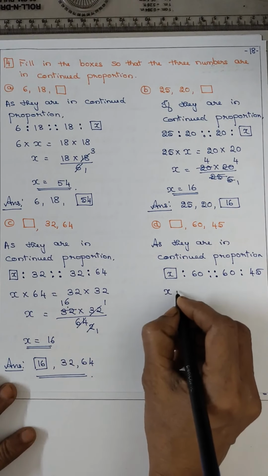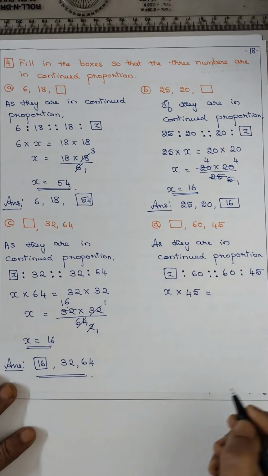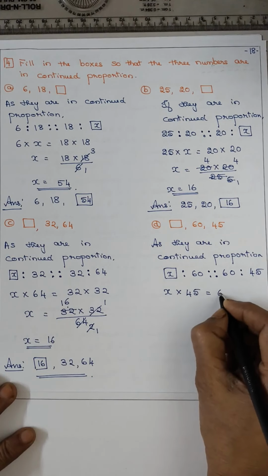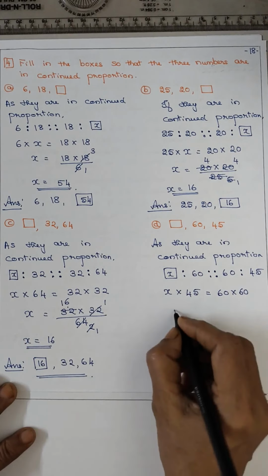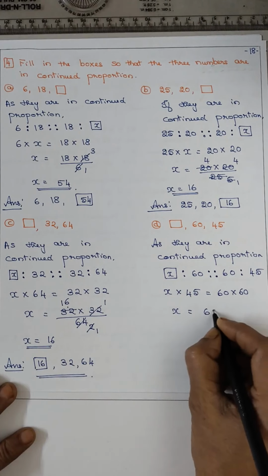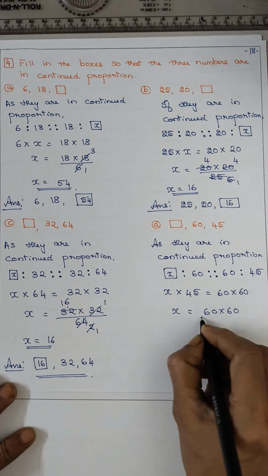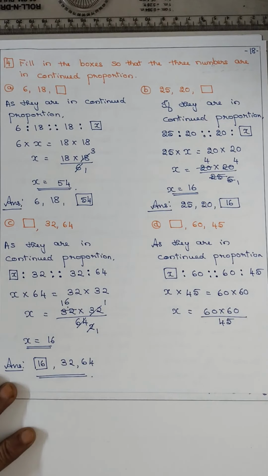Product of extremes, first and the last, should be equal to product of the means, second and the third. x is on the left side, keep it the same, right side 60 into 60 upon 45. 45 goes to the denominator.